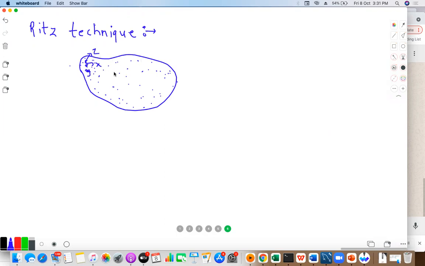All these points will have different degrees of freedom, and there are infinite points in this body, so it will have an infinite number of degrees of freedom.